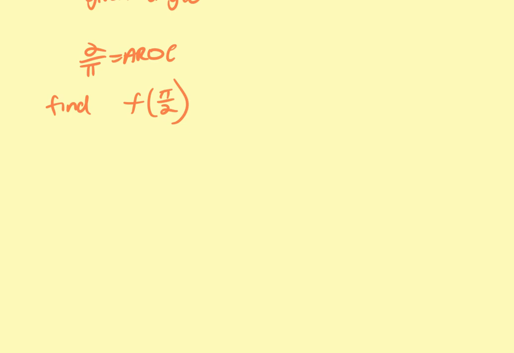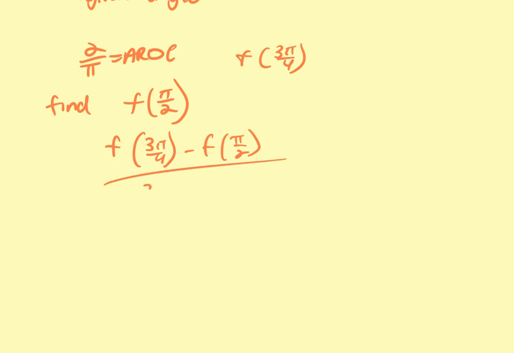Let's say I had f of 3 pi over 4, part of the 2 points I was given, or I find it. Then I would do f of 3 pi over 4 minus f of pi over 2, over 3 pi over 4 minus pi over 2, equals 2 over pi.